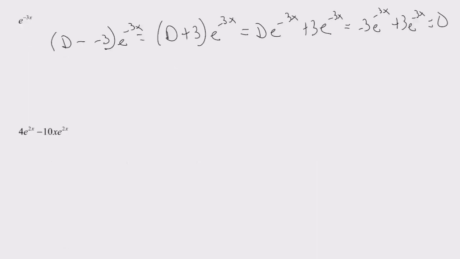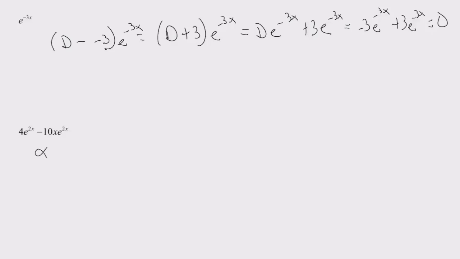And in this last case, 4e to the 2x minus 10x e to the 2x, I'm looking at a more complicated term. The x e to the 2x and e to the 2x fit that second pattern again, so I need to identify my alpha and my n.